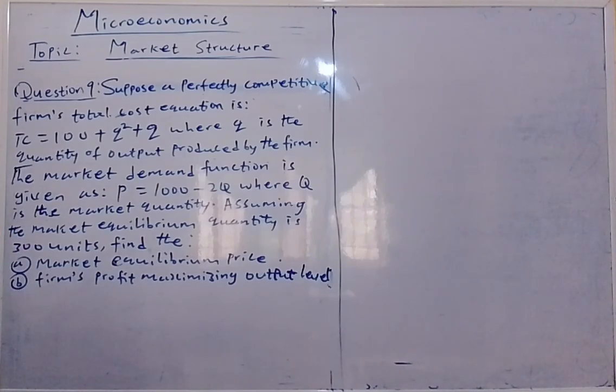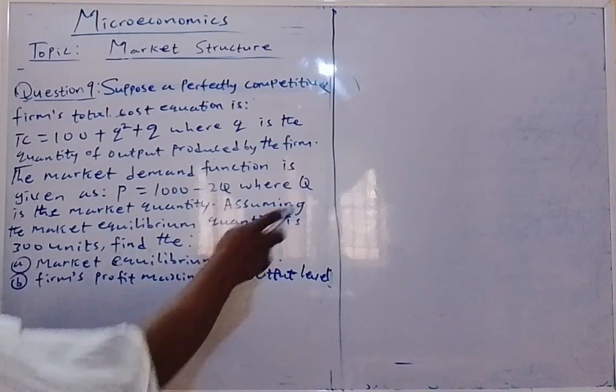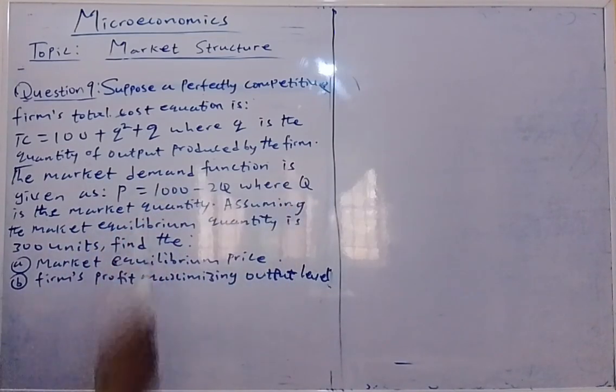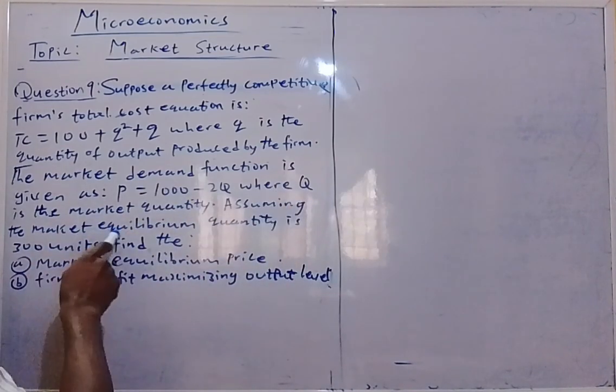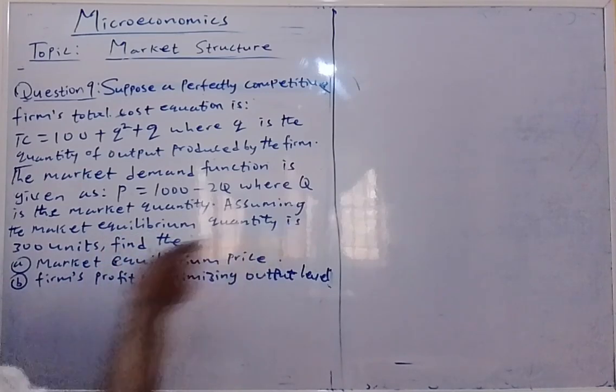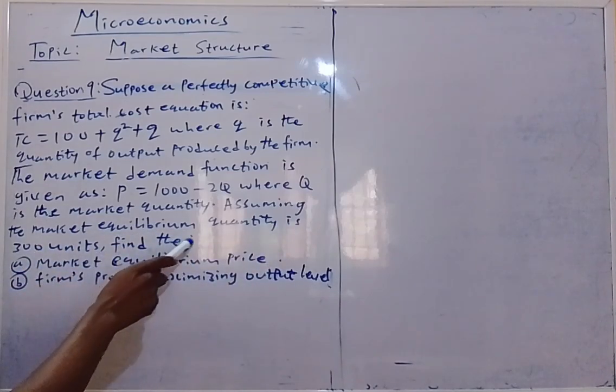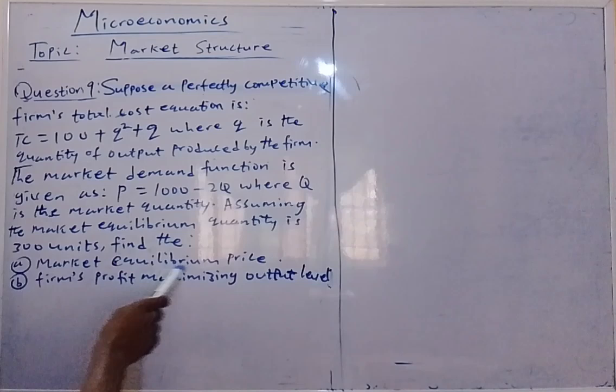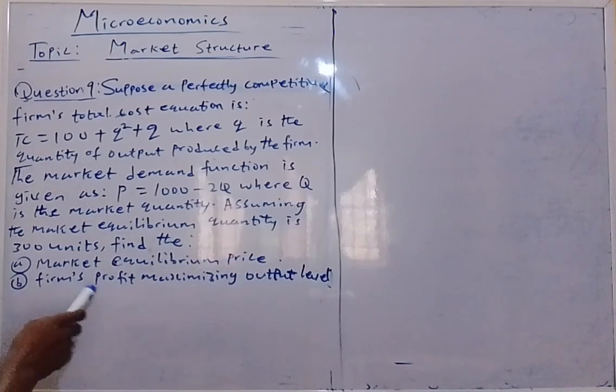Assuming the market equilibrium quantity is 300 units, find A, the market equilibrium price, and B, the firm's profit maximizing output level.